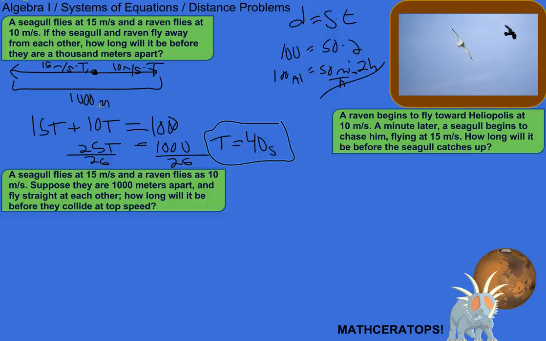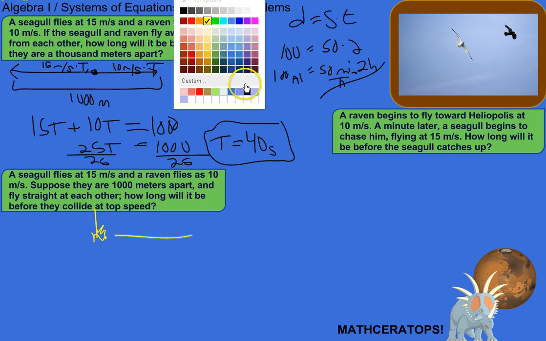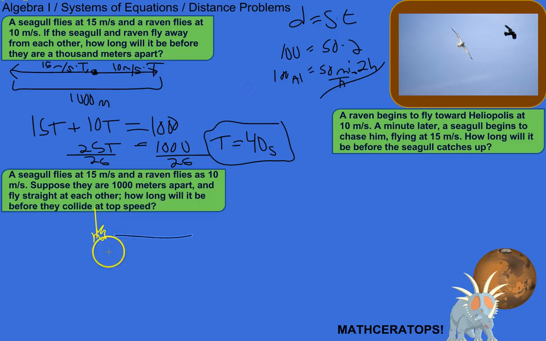A seagull. Okay, so how do we set this up? So let's diagram this. Okay, so they're gonna collide at a certain point. That's our explosion. Our bird explosion. Okay, and so the raven is gonna fly towards his doom at 10 meters per second for a certain number of seconds, and then the seagull.